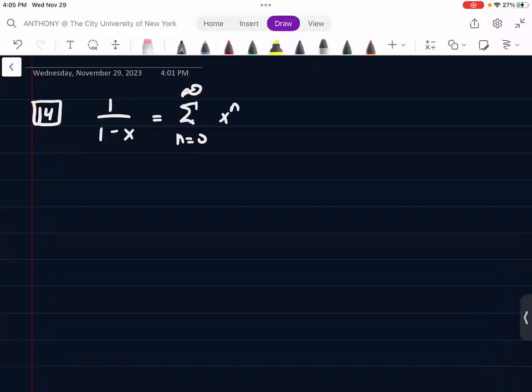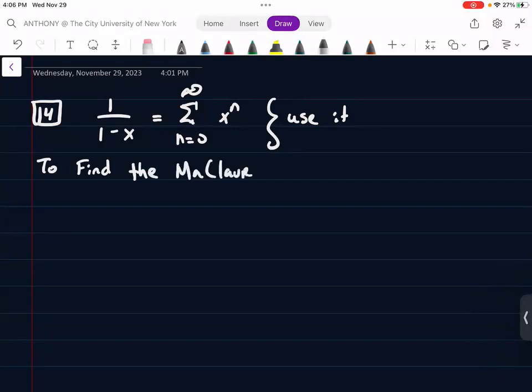And we want to use this to find the Maclaurin series for x squared over 1 minus x.